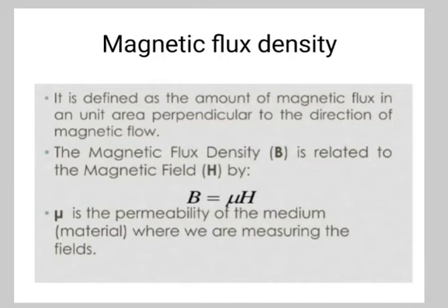So the magnetic flux density is related by this equation, B equal to mu into H, and mu is the permeability of the medium or material where we are measuring the field.